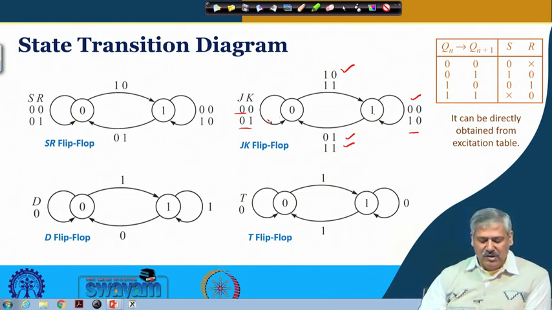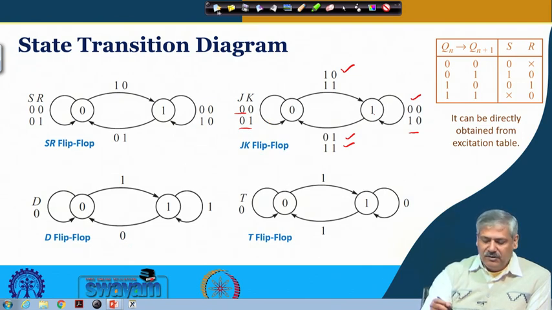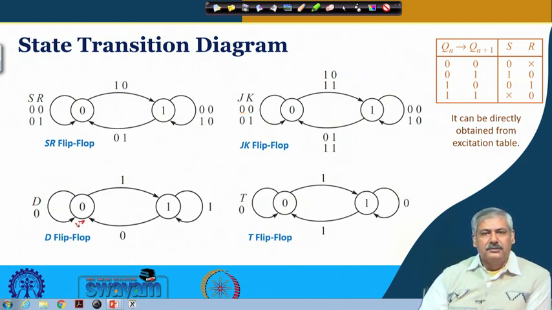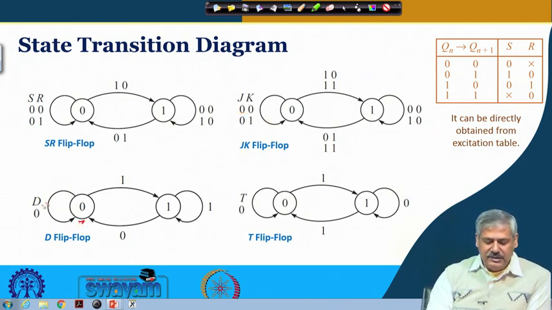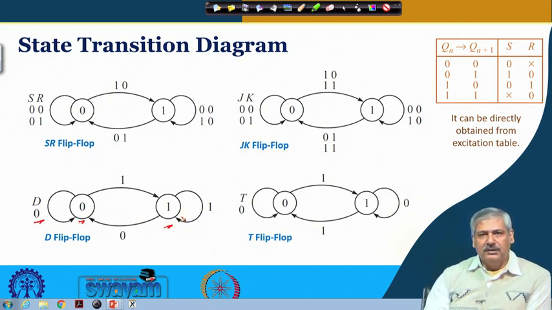Okay. For the D flip flop, stable state 0, if it receives 0, it will stay here; if it receives 1, it will go to 1. If it is at 1 and gets 1, it will stay there; if it receives 0, it will come to 0.